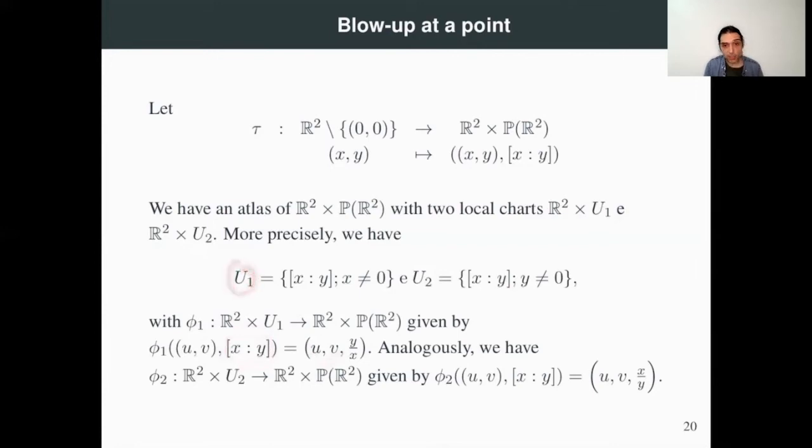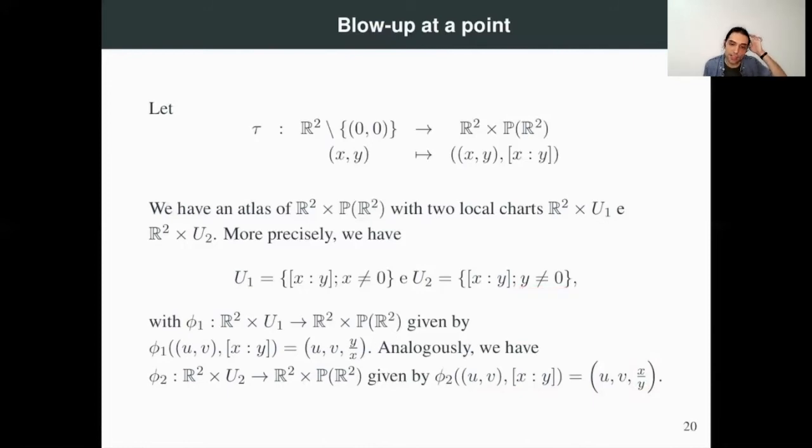The expression of this local chart is sending the class of [x, y] to y over x. This is the first chart. Analogously, we are going to have a second chart whose formula is given by this expression. We are sending (u, v) and the class of [x, y] to (u, v) and x over y. This is well defined, of course, because y is different than 0.